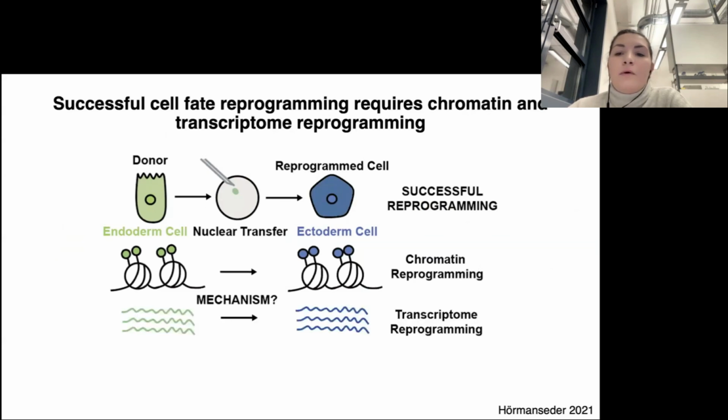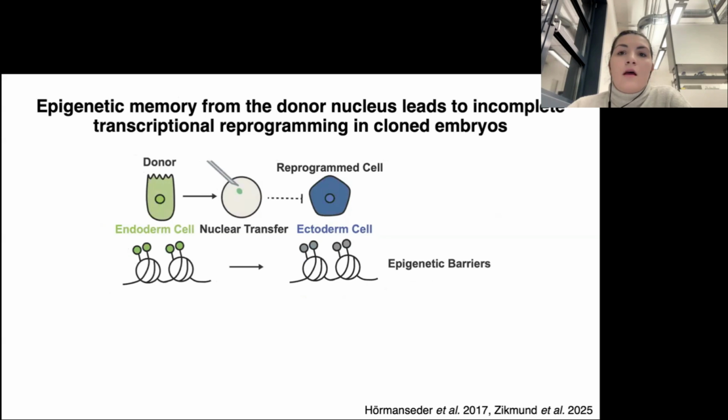And we would also expect that the transcriptome undergoes a shift from the starting cell type to the desired cell type. So that means that there needs to be activation and inactivation of transcripts, and this needs to happen in a correct manner for functionality of the achieved cell types.